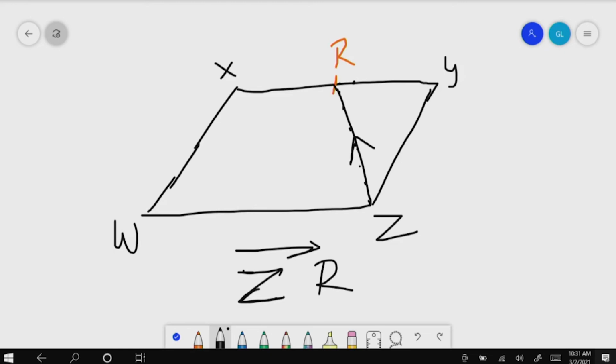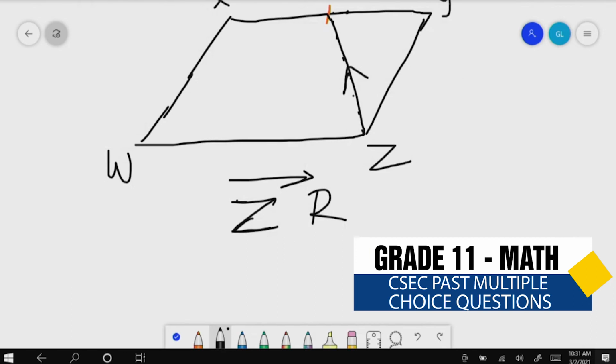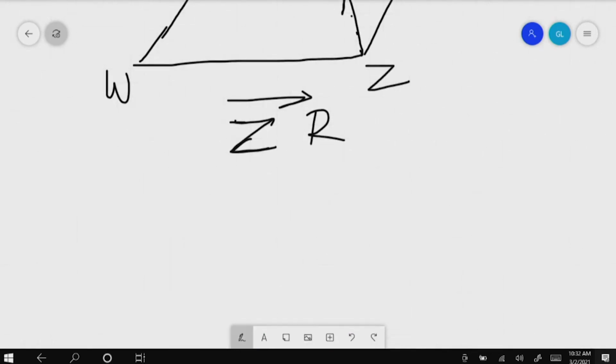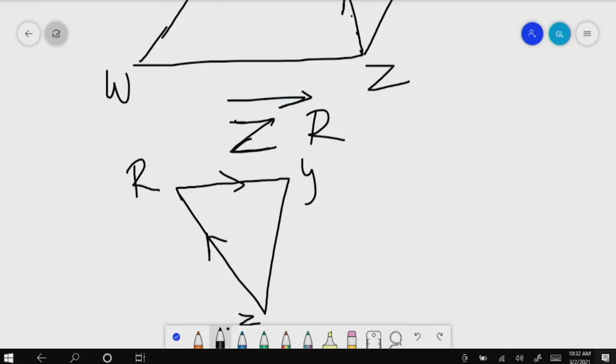Now, when we look at this question, they didn't tell us the lengths, so we need to make a comparison to see what this vector would be. For us to find vector ZR, we need to apply the triangular law of vectors. The vector is moving from R to Y, Y to Z.